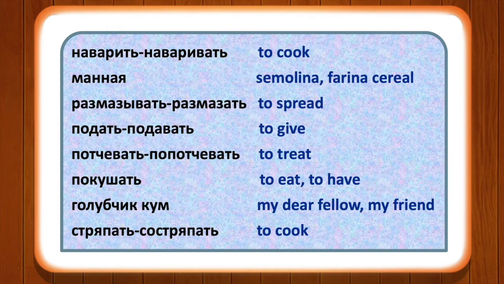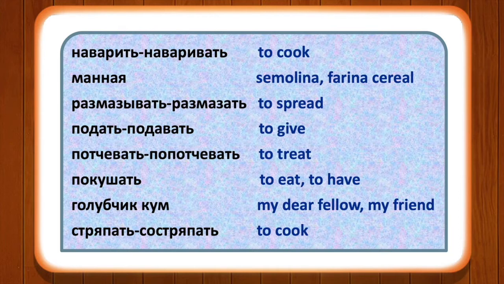The next word, наварить, наваривать. That means to cook. Next we have манная. Манная is semolina or farina cereal. Next word is размазывать, размазать. That means to spread. Next word we have подать, подавать. That means to give. Next verb combination is подчивать, попотчивать.